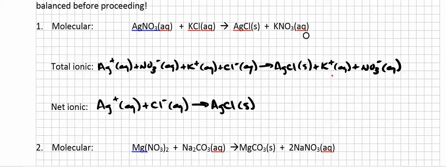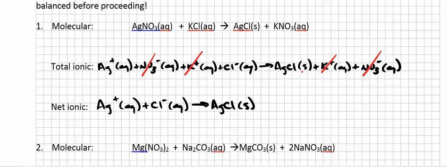But you're also going to get K plus and NO3 minus. Notice that you had K plus and NO3 minus on the left side of this reaction as well. When you see ions that are both on the left and the right, we call those spectator ions. We just cross them out because they really don't participate in the reaction itself.